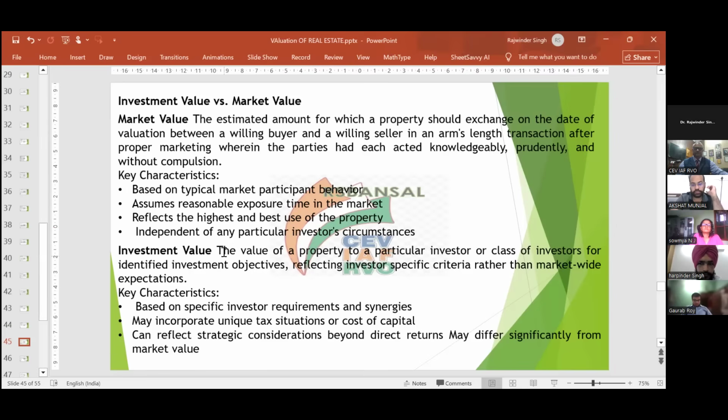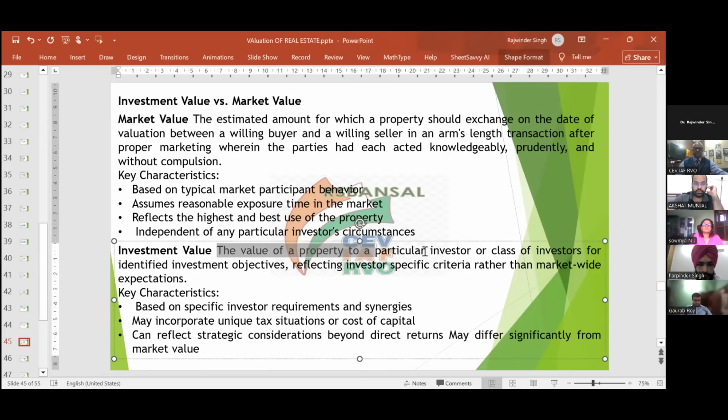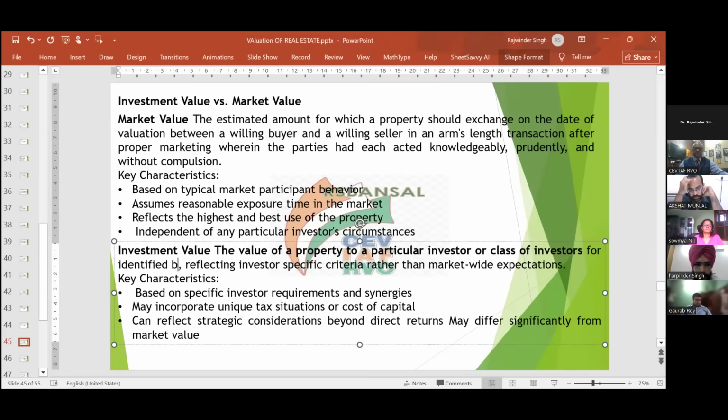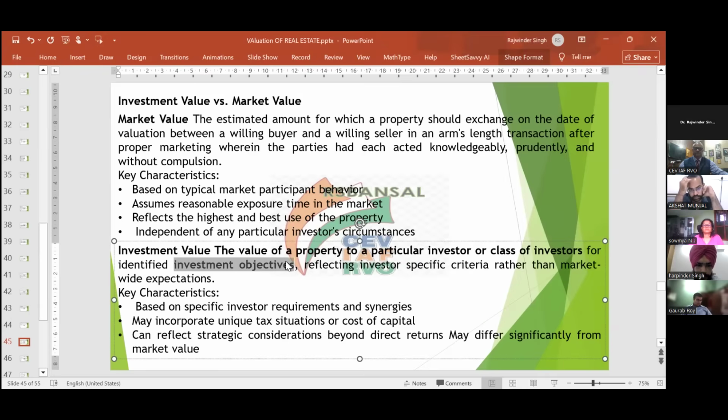The investment value is the value of a property to a particular investor or class of investors for an identified investment objective, reflecting investors' specific criteria rather than market-wide expectation. So investment value is for a particular investor in a particular area with particular objectives.